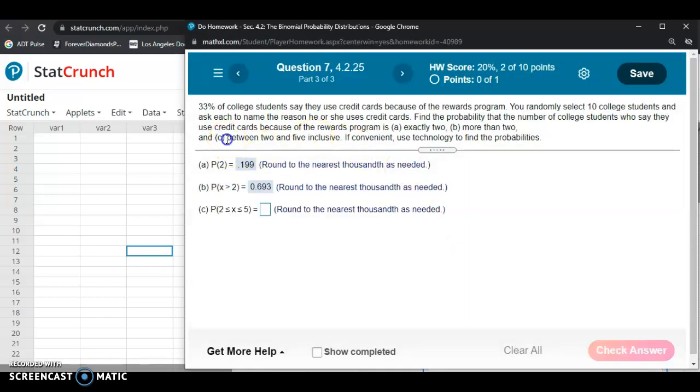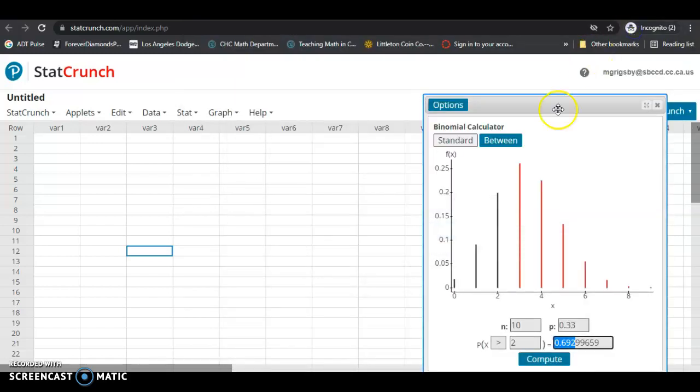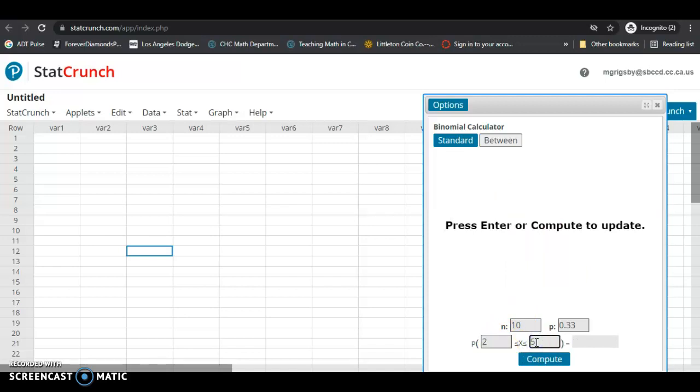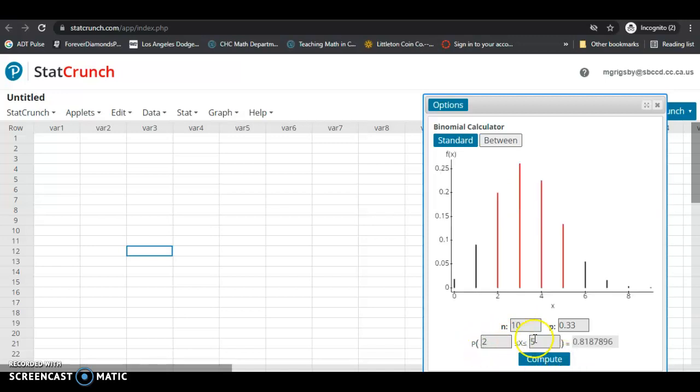Right, and then we want to find the probability that between 2 and 5 of the students will say that they use the credit cards because of the rewards program. Okay, so to answer that, you're going to select the between option on the calculator, and that'll allow you to calculate the probability between two numbers. Okay, so between 2 and 5 inclusive. So 2 goes here, 5 goes here, and then the probability goes here.